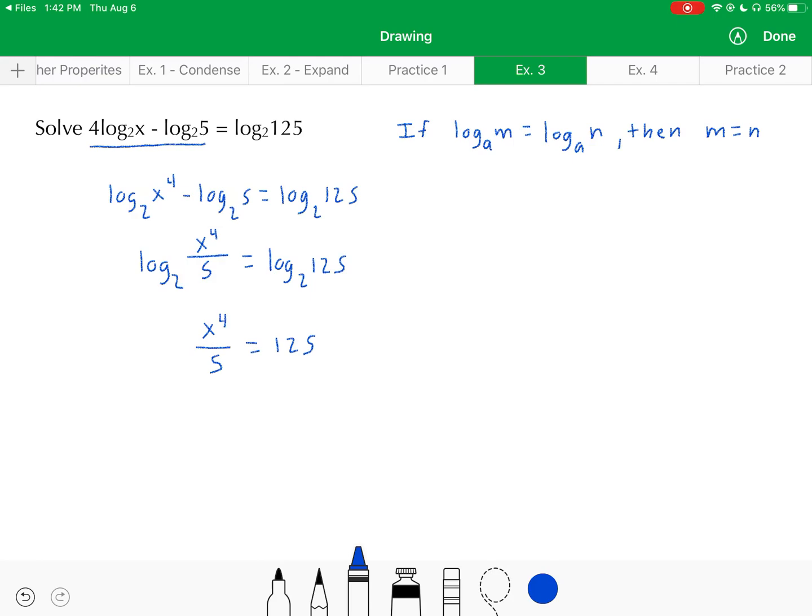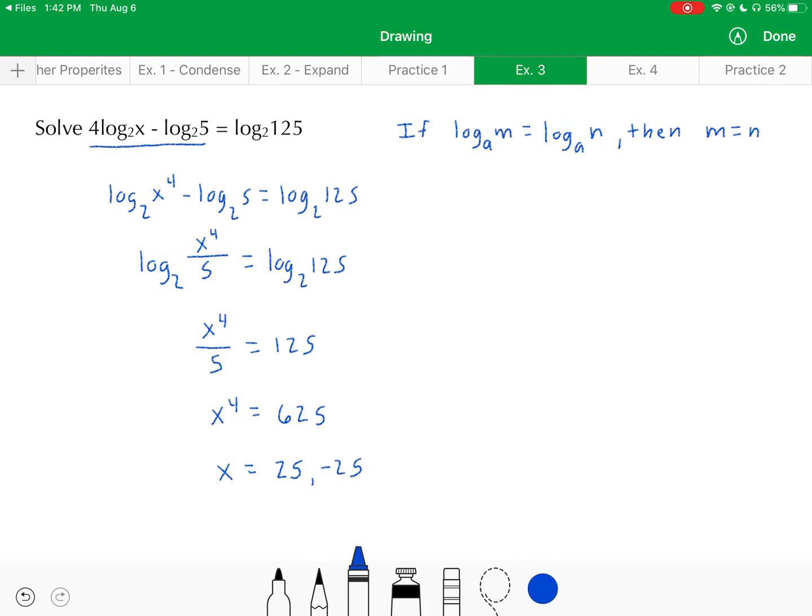and solve for x. So I'm going to multiply both sides by 5 there. It's going to take me to x to the 4th power equals 625. And then you could just take the 4th root of both sides, and you'll end up with positive 25 or negative 25.